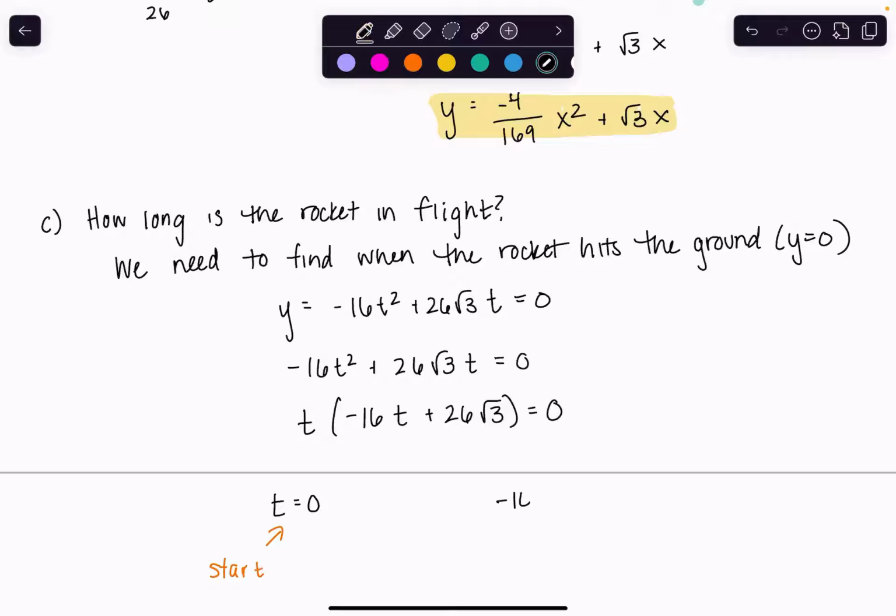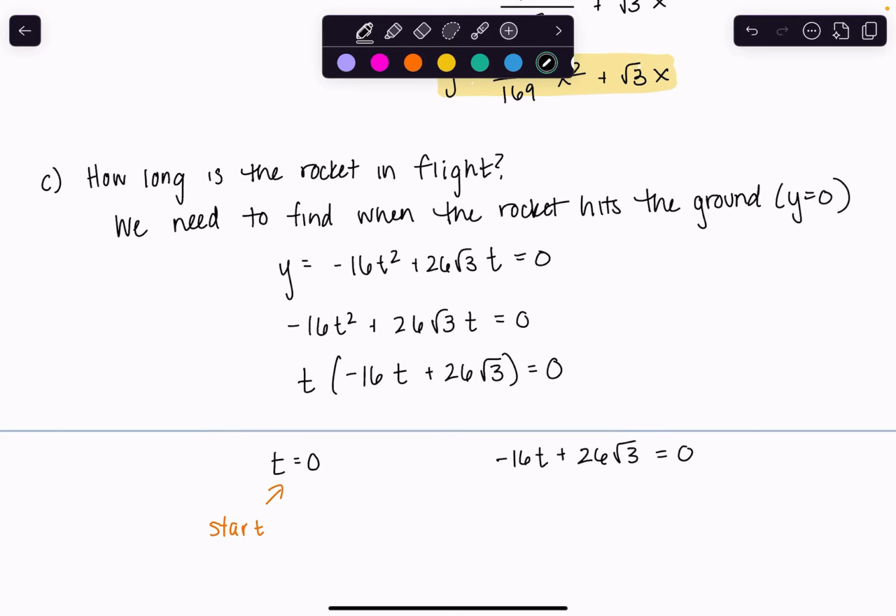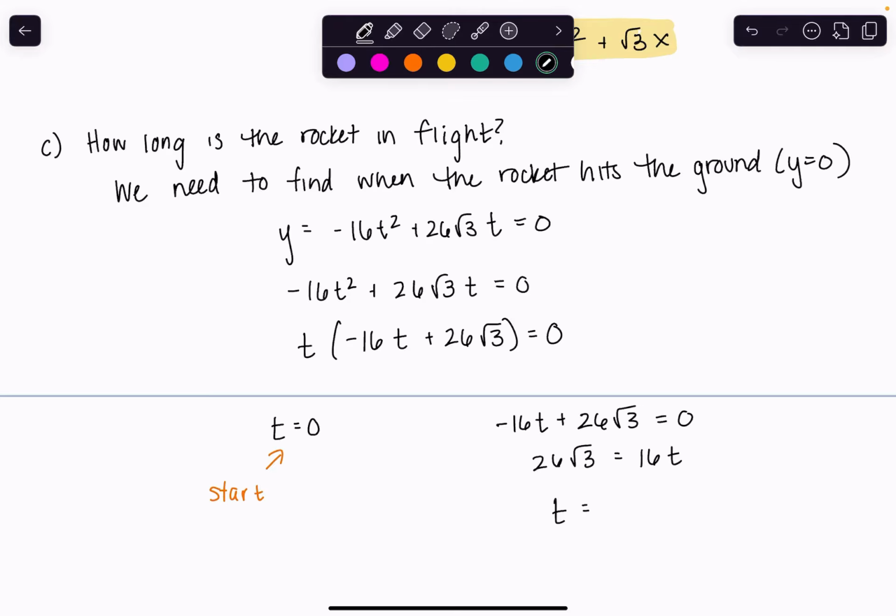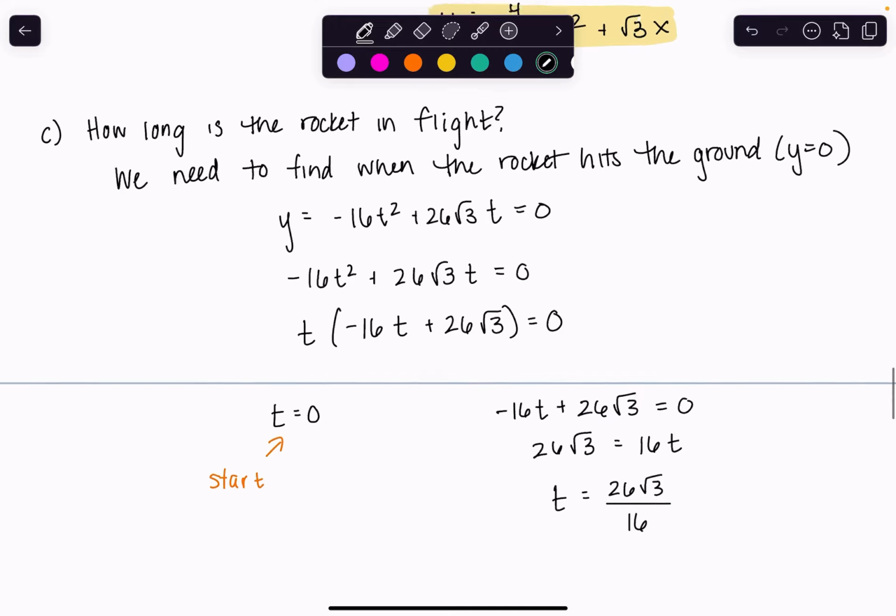Then the other value of t is going to be when we hit the ground. So we need to solve for t. I'm going to add this to the other side. That gives us 26 root 3 is equal to 16t. Dividing by 16, we get 26 root 3 over 16 is our t value.